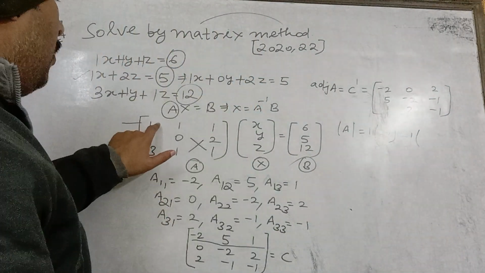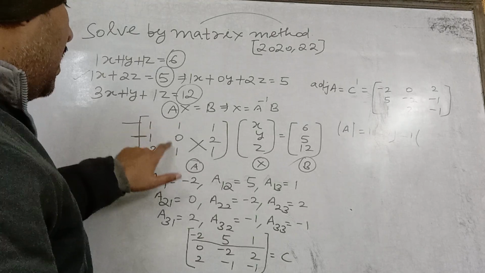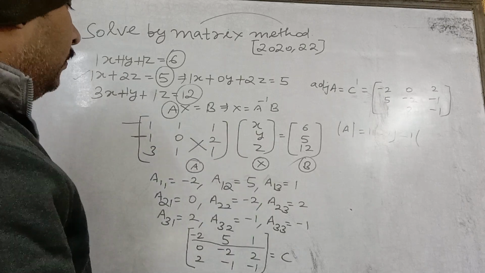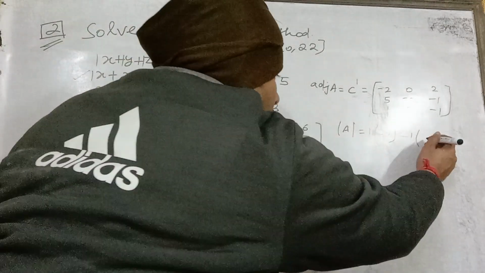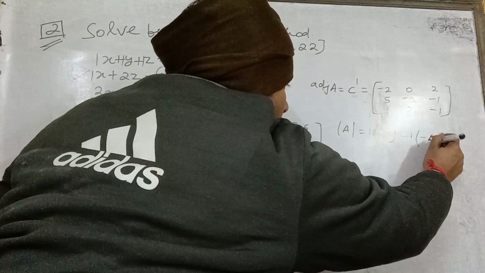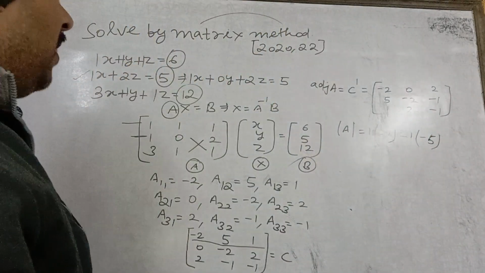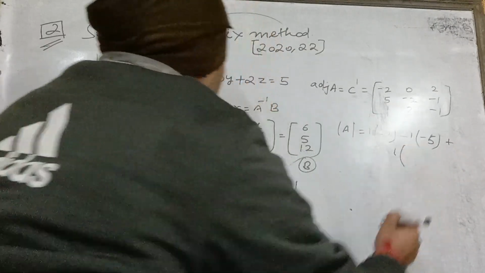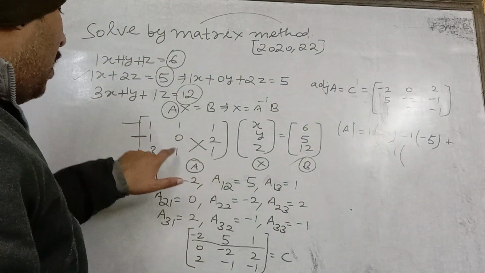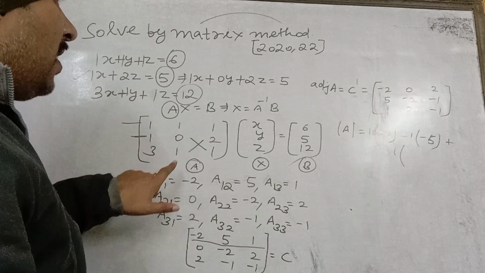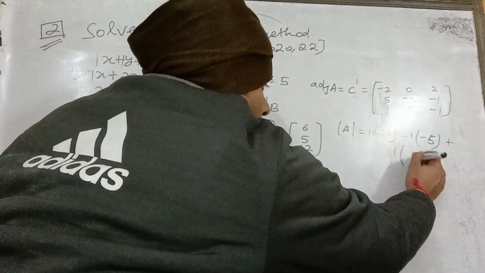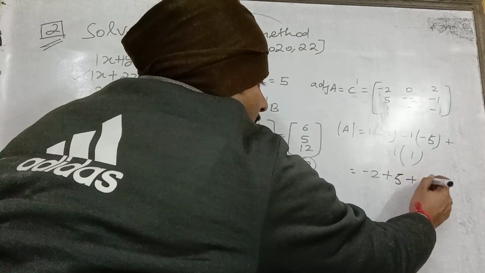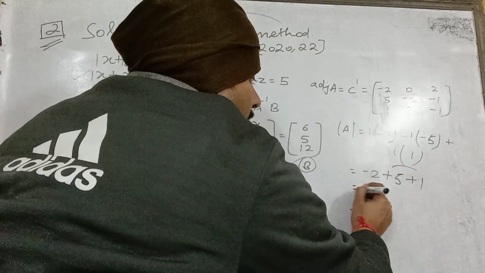The second row, this and this rows, that is the 1 minus 6, that is the minus 5. Positive negative, that is the positive 1. So this value becomes first row third column, that is the 1 minus 0, that is the 1. Now solve this. Minus 2 plus 5 plus 1, that is the 4.